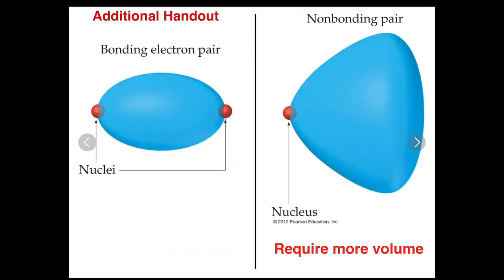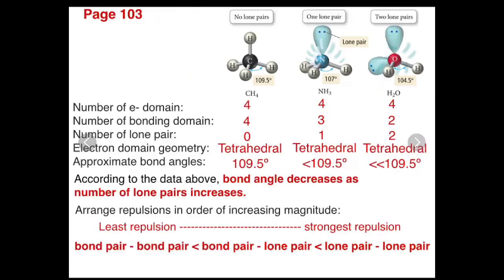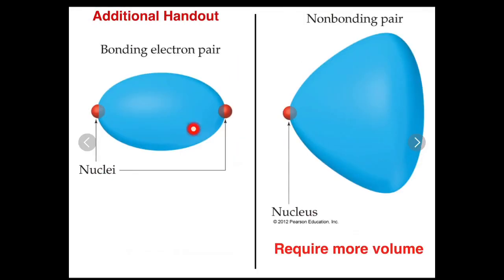They require less space because the electron density is shared between two nuclei, between the central atom and the outer atom.